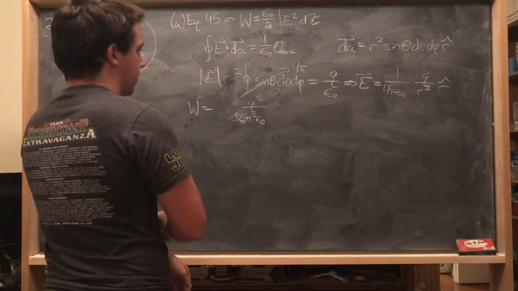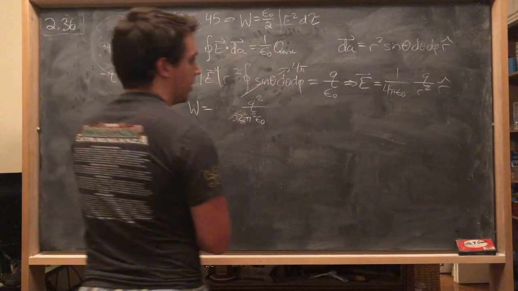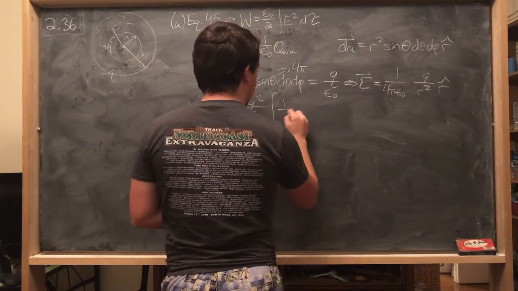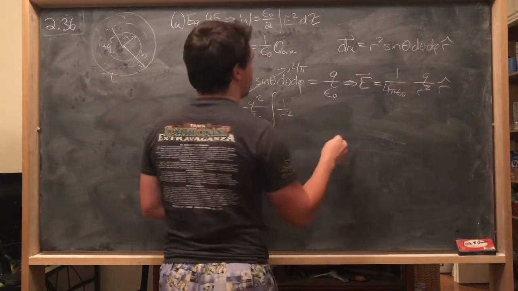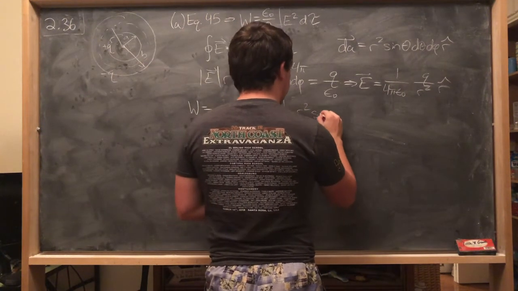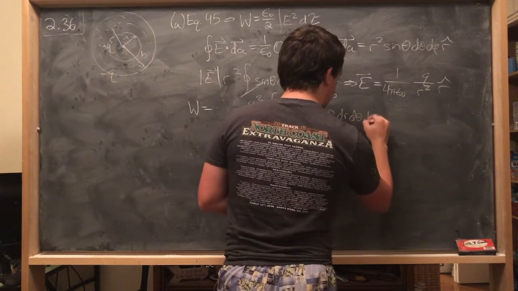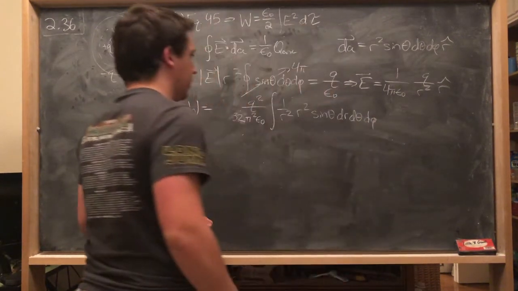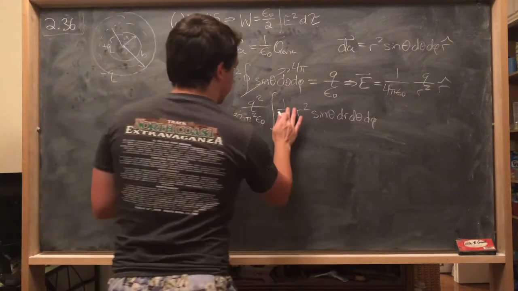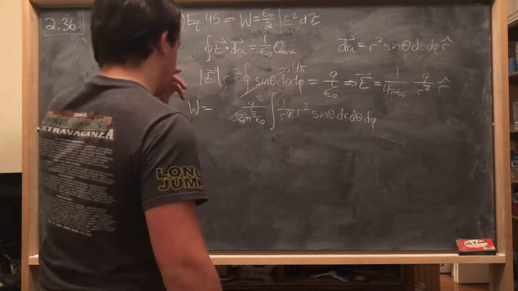So Q squared over 32 pi squared epsilon naught, integral of 1 over r squared, and our volume element for spherical coordinates is r squared sine theta dr d theta d phi. Oh, sorry, this should be 1 over r to the 4th, since again it's squared.